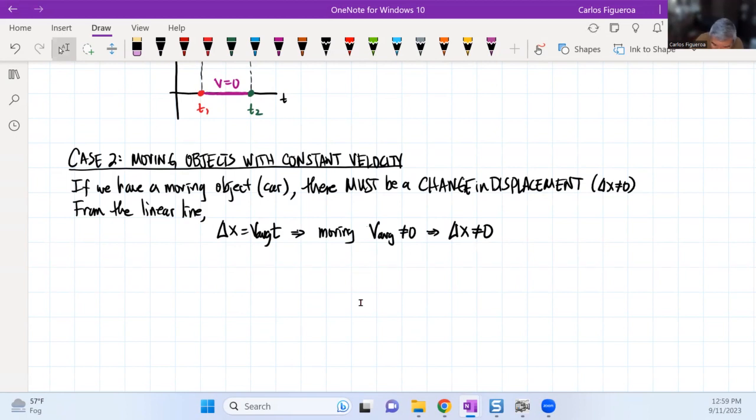But if I look at it from the linear line as well, we can write this as x2 equals x1 plus v average t. So this now tells me that we have a slope value that is not 0 anymore. And as a consequence, x1 and x2 cannot be the same.